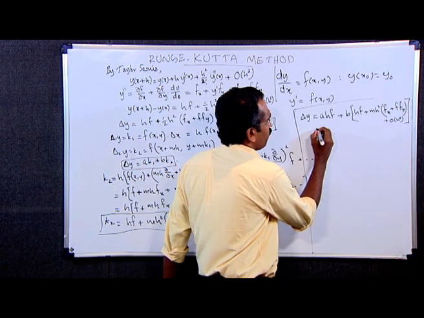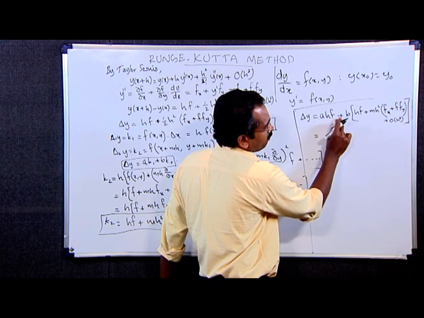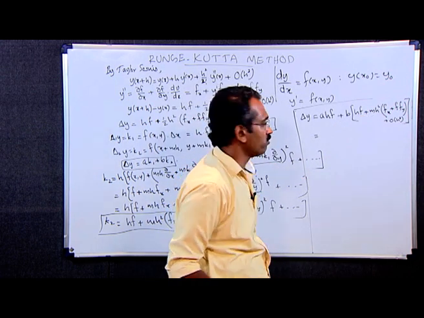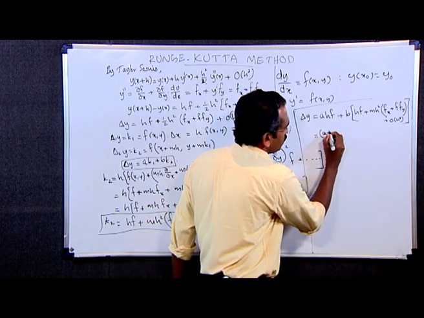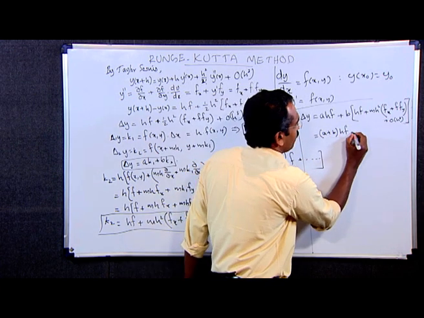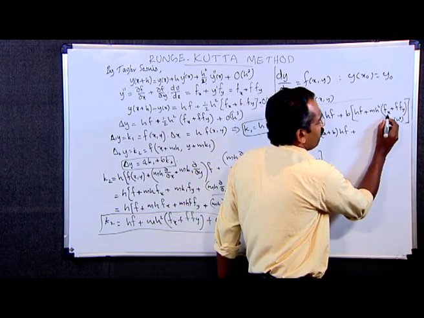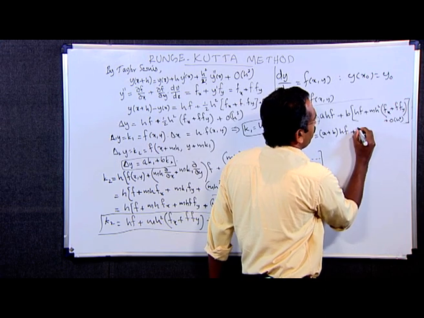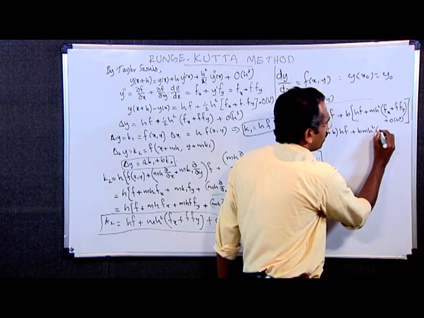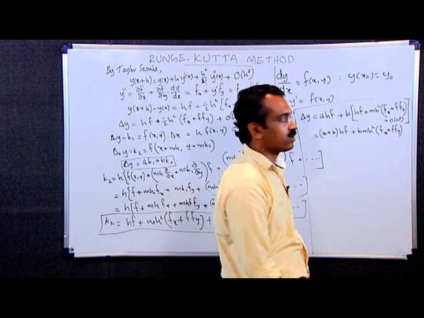This is equal to, from here a into h into f, plus in the second term b into h into f. Therefore, we can write a plus b into hf plus b m h square into f_x plus f f_y, plus O(h cube).